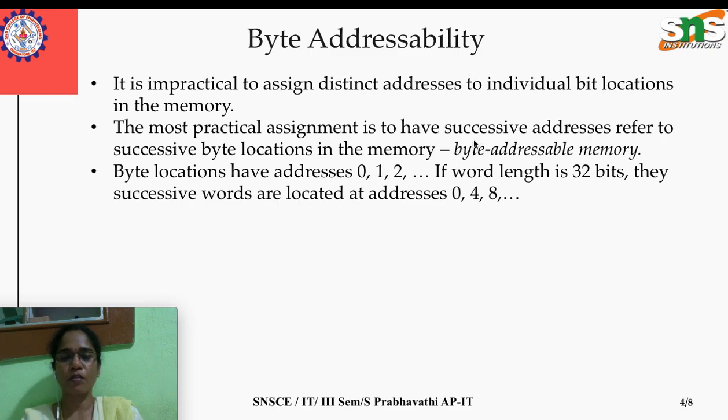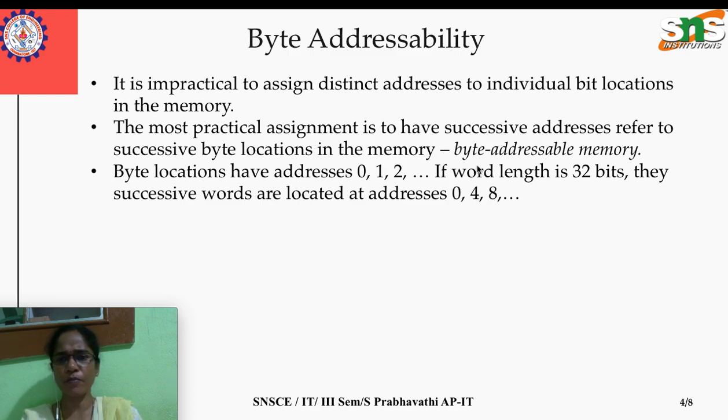So we could retrieve the information by means of byte addressable memory. Byte means 8 bits. Byte locations have addresses 0, 1, 2, 3, like we have seen earlier. Suppose the word length is 32 bits; as I said, word length may vary from 16 bits to 32 bits to 64 bits depending upon the computer configuration.